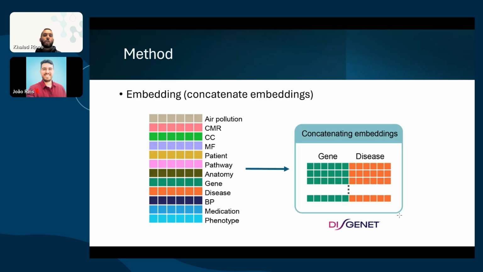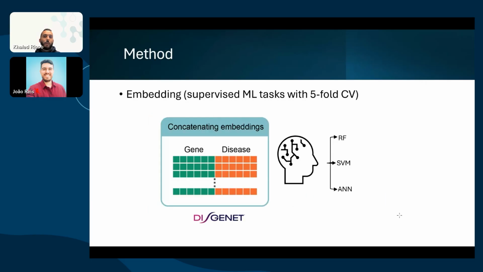Negative genes mean genes that have no association with the disease. We used the database called DisGeNET (disease gene network) as a ground truth to label those positive and negative genes, and then we concatenated them with the embedding of the disease of interest.